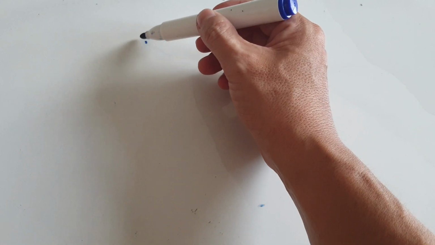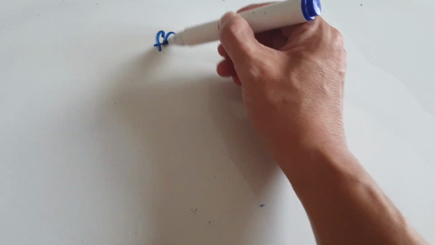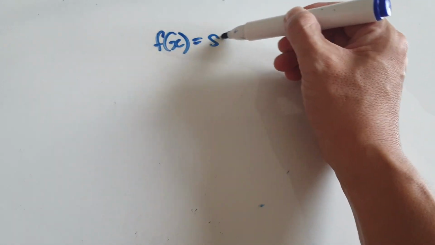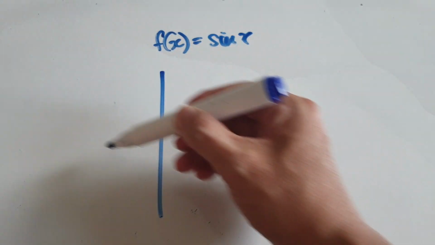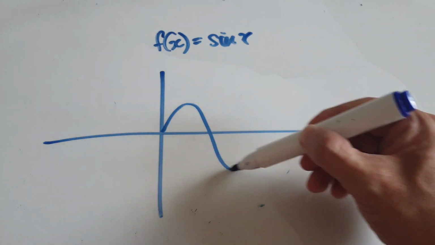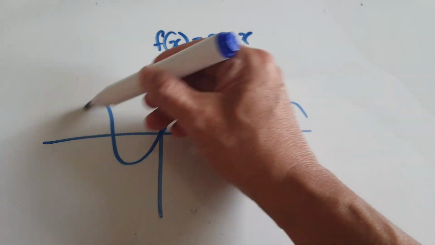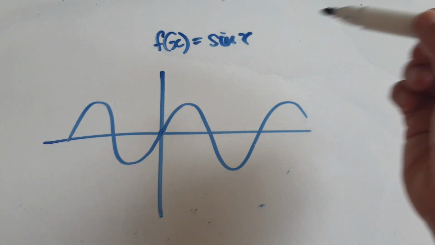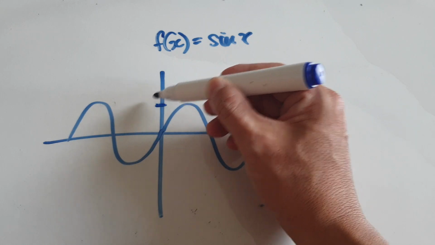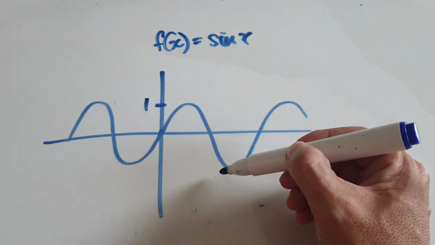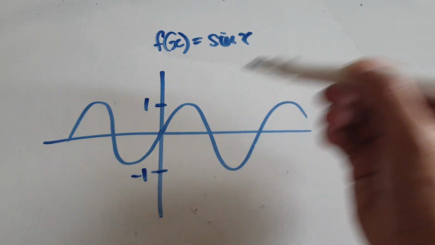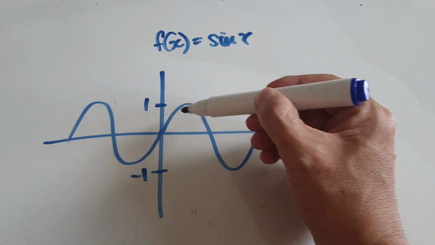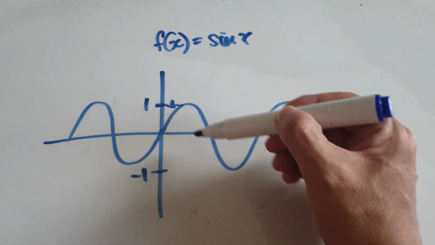y equals f of x equals sine of x. This function here looks like this. If you know this, then you know this. If you don't, worry about it not too much. The highest point is 1. The lowest point here is negative 1. So it is possible for you to spit out the number 1.